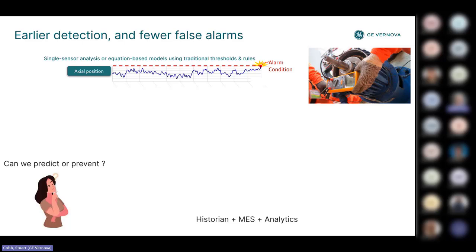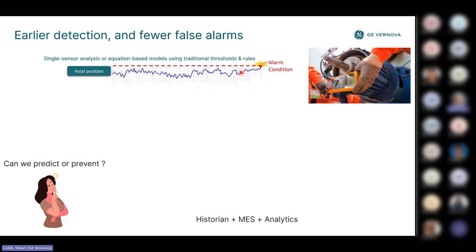Taking all of that data and using analytics to predict and prevent unplanned outages, for example. So in this example, we're showing a simple trend of a variable, in this case an axial position for an asset.